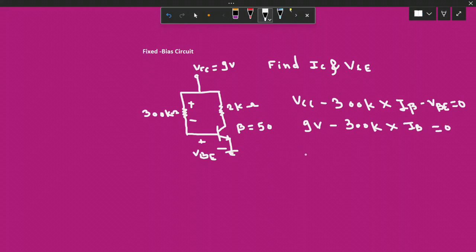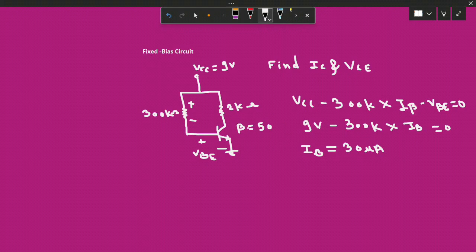So after solving, what we are getting, IB is equals to 30 micro ampere. So this is all about the solution of IB.